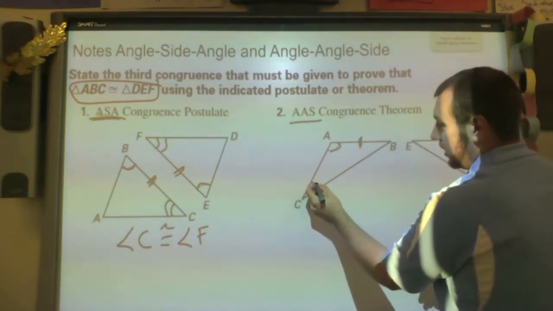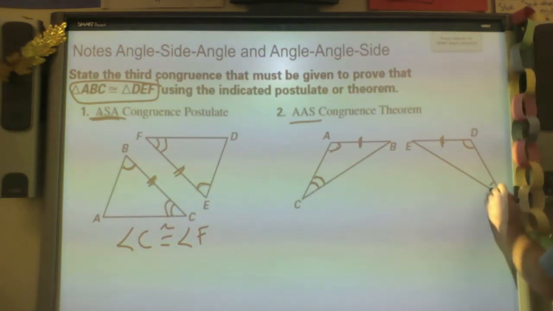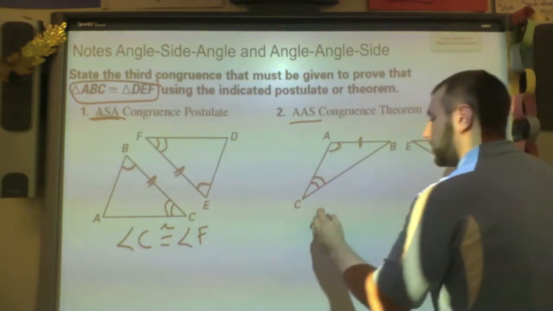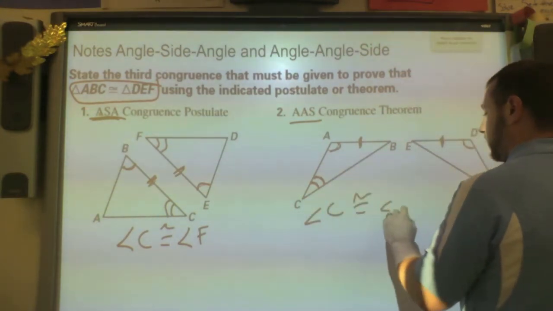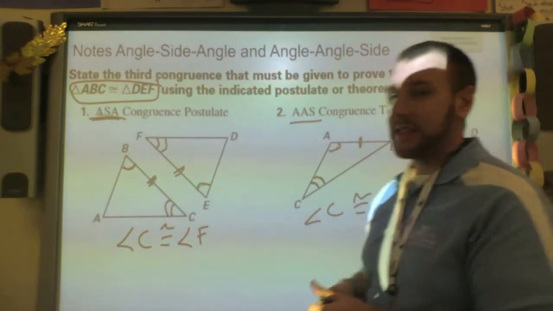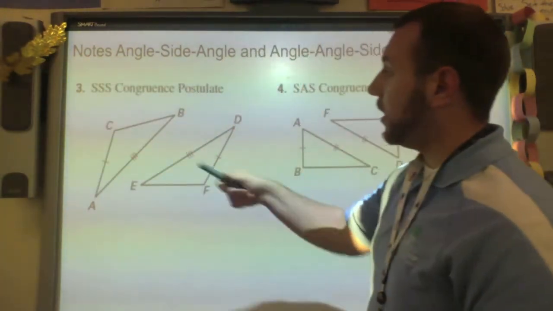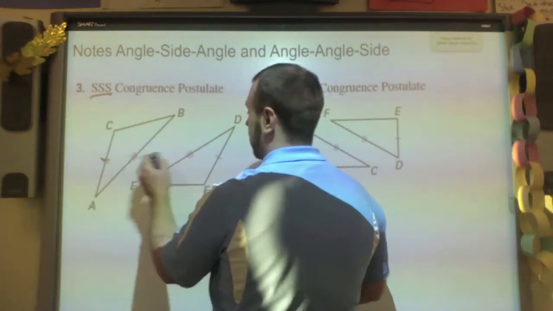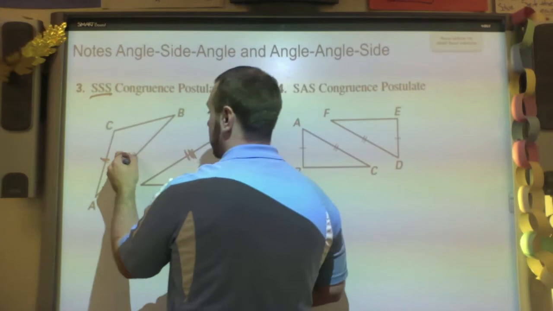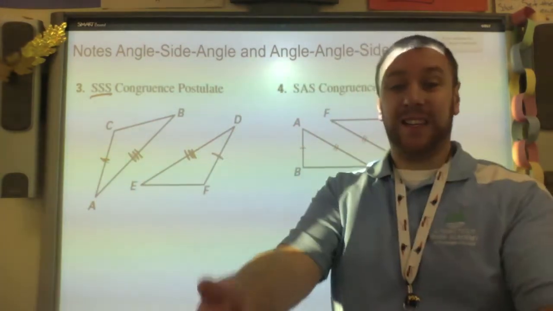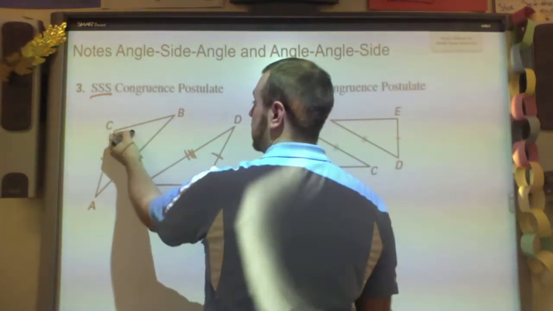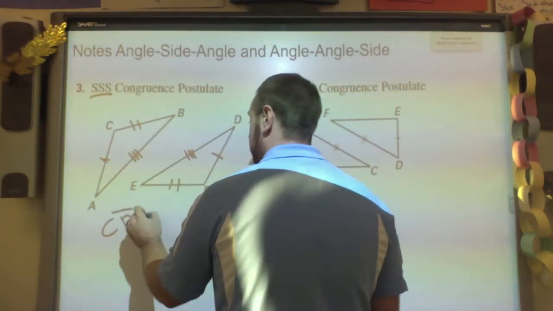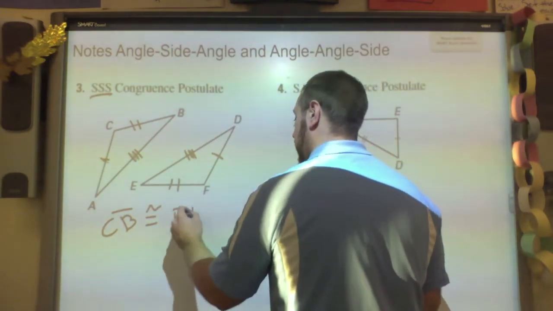I would again choose angle C and angle F. Angle C would have to be congruent to angle F. It's the same thing with other congruence theorems. Side, side, side: I'm starting off with two sides marked, and I need the third one, so it has to be CB or EF. CB would have to be congruent to EF.